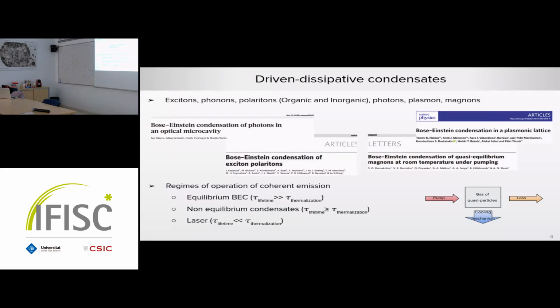So you don't have time for thermalization of the gas, but you have the coherent emission. In this case, the system is behaving like a laser. But then you also have an intermediate regime in which these two timescales are comparable. So you can have the condensate, maybe with partial thermalization, but not full thermalization of the gas with this cold source.